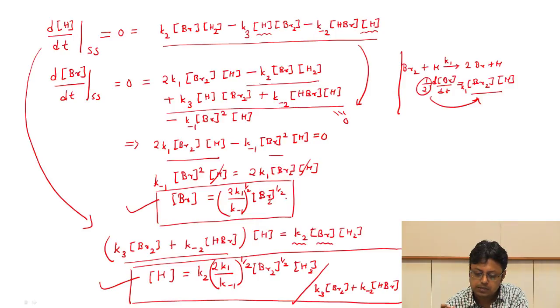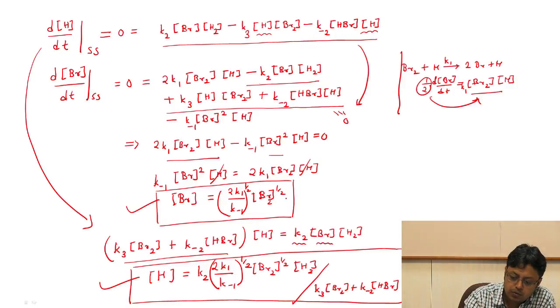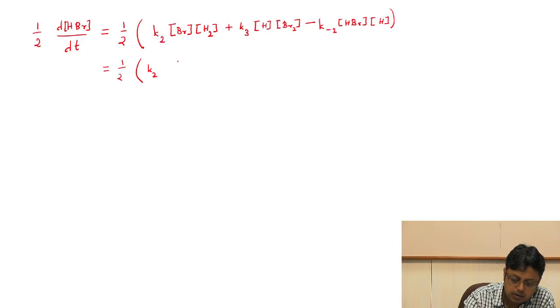So let us write it: K2 times 2K1 divided by K minus 1 to the power half, Br2 to the power half into H2. So that is the expression for bromine.